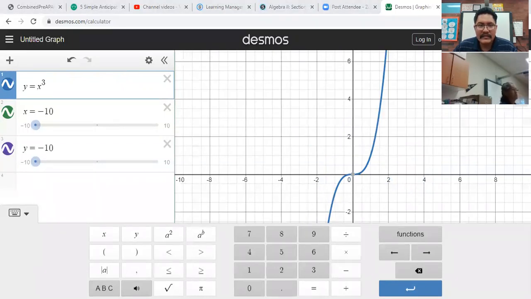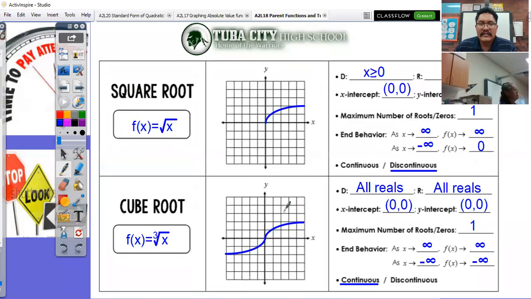Okay, so let's go ahead into the next one. And this one's going to be the square root function, which you are taking the square root of x. With the square root function, remember we were doing square root numbers like probably the second week of school. We were kind of reviewing square root numbers.